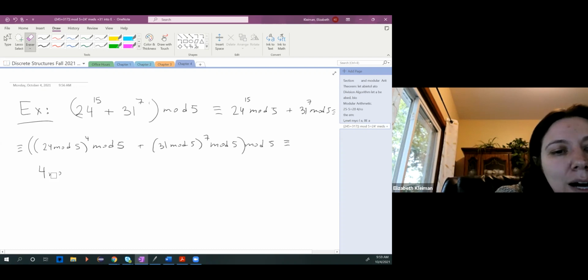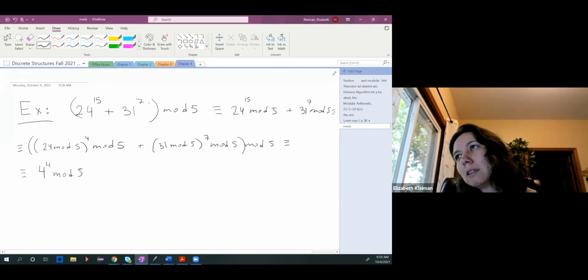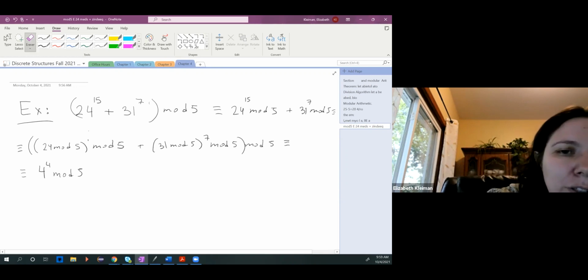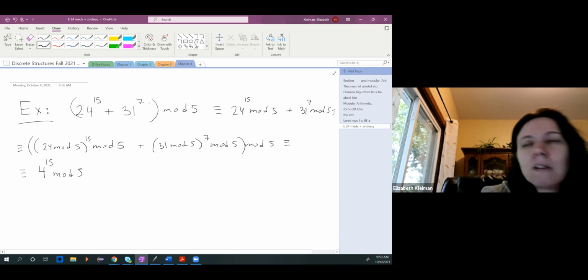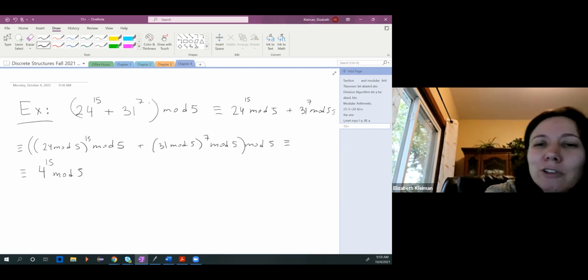to the power 4 mod 5. Yes? Oh, why is it to the power 4? I have no idea. It should be to the power 15. The power doesn't change. Yes, sorry, it is 15. Just consider it being a typo in writing.